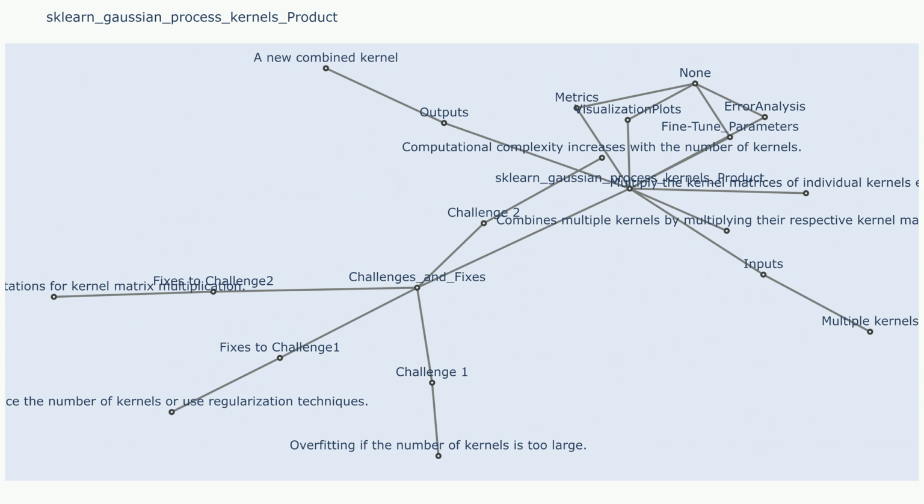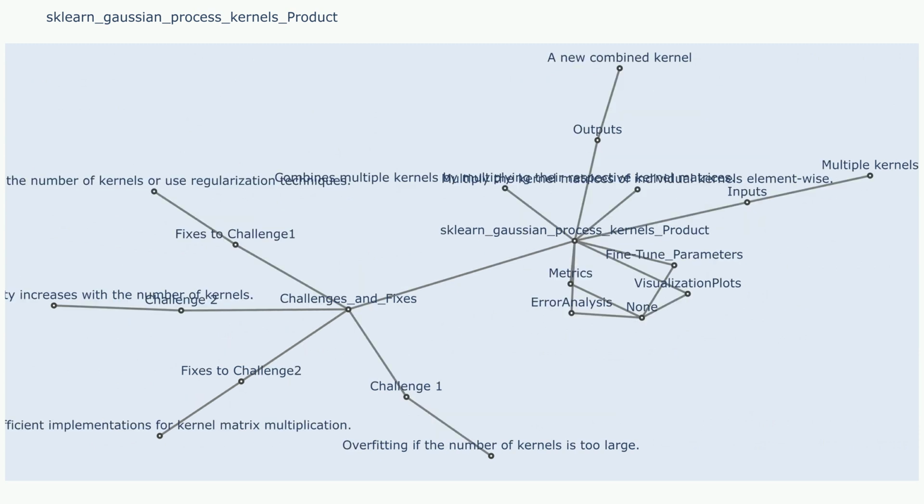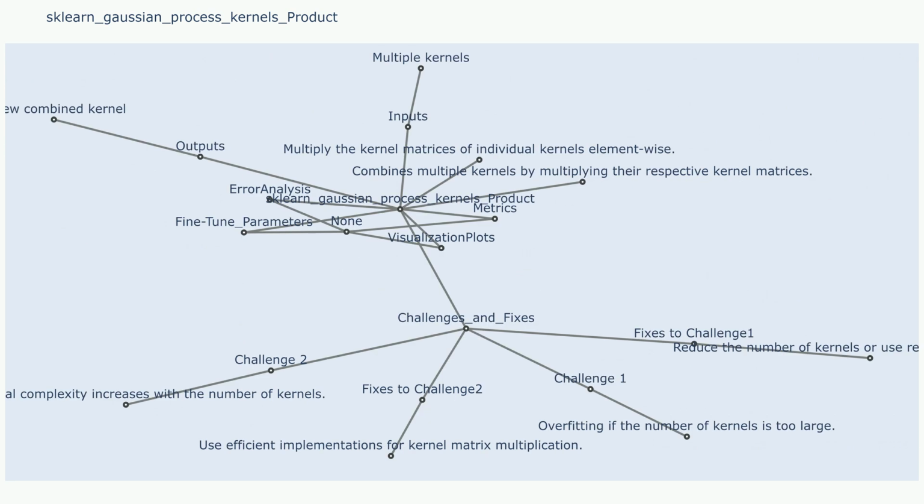Visualization plot 1: kernel matrix heat map visualizes the kernel matrix as a heat map, showing the similarity between data points. Visualization plot 2: prediction function plot plots the predicted values against the actual values, showing the model's performance. Fine-tune parameters. Parameter 1: kernel parameters.